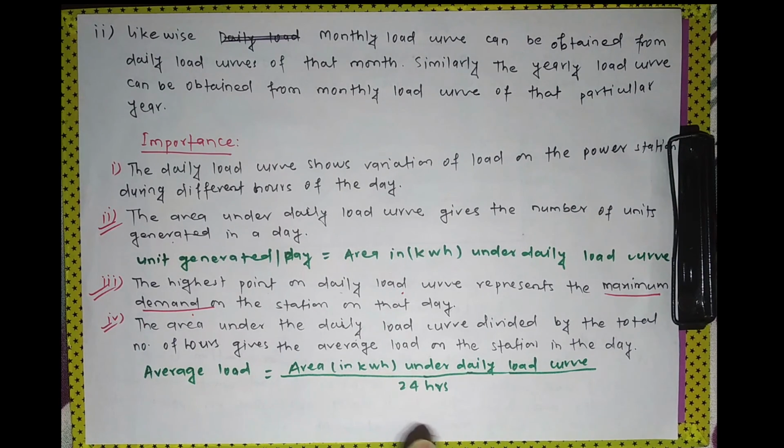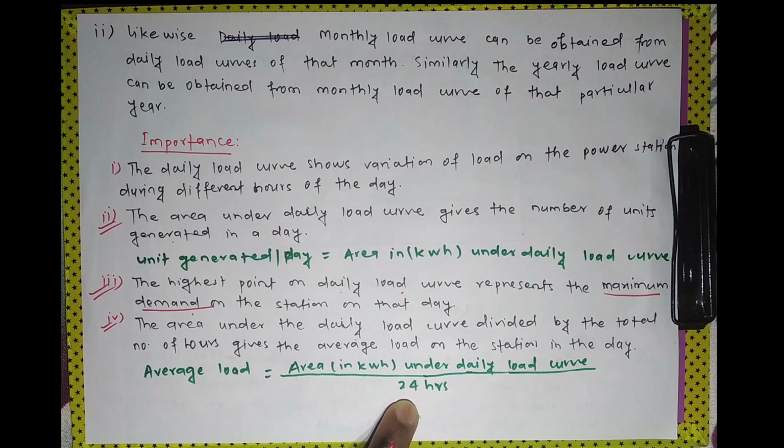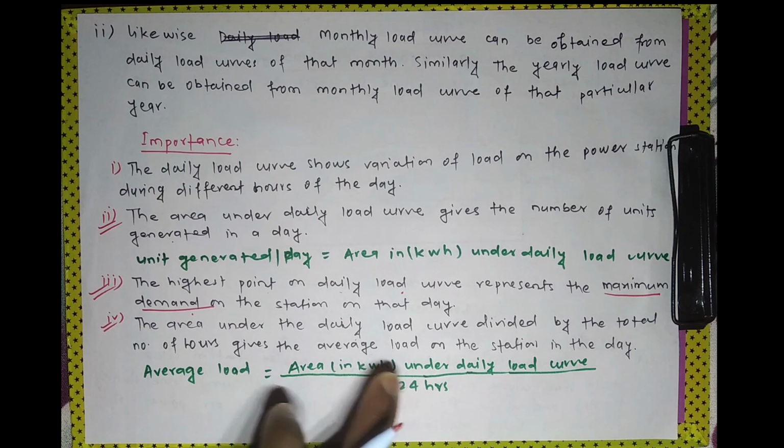If we divide by 30 into 24 hours, it will be the average load per month. And if we divide by the total hours in a year, it will be the average load per year.